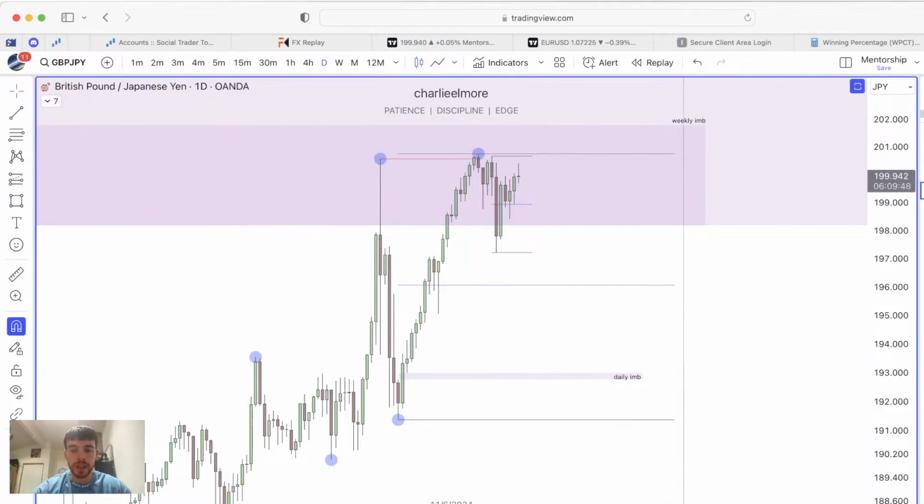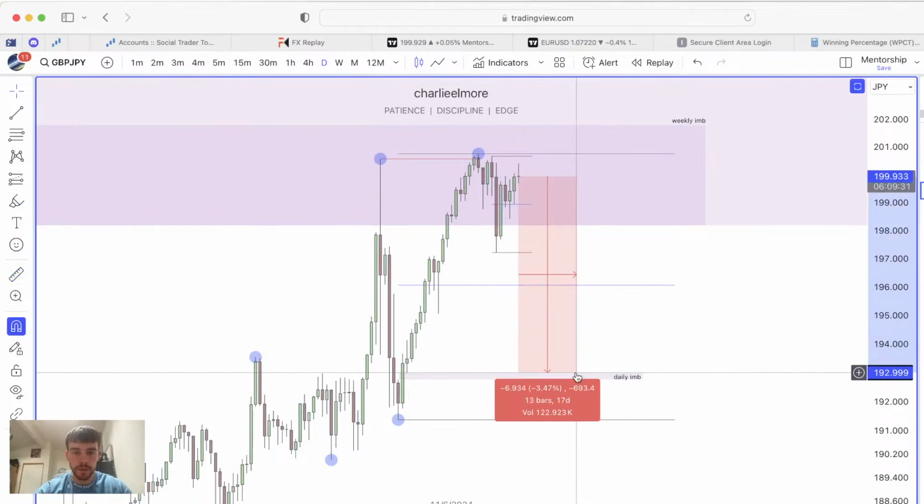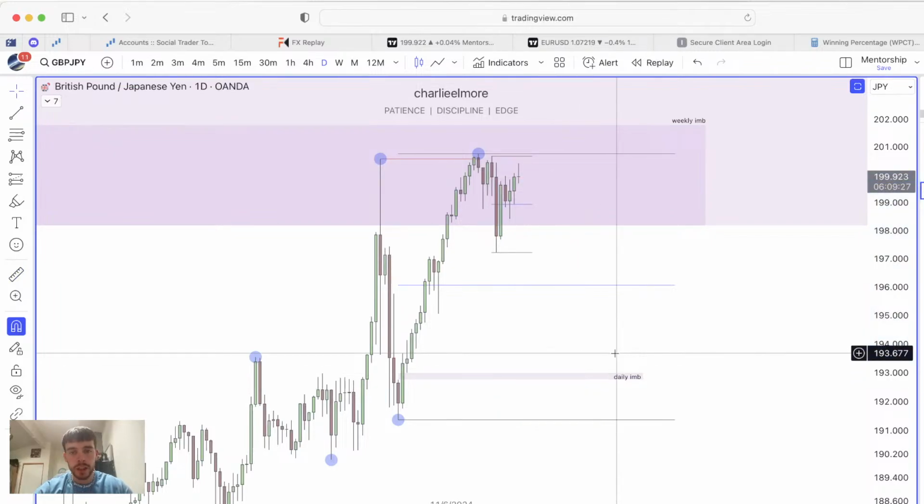Now, this isn't me saying that we have to come down into here and then break that high. Even if we catch a sell down into there, that's going to be a phenomenal move because, as we spoke about earlier, that's 700 pips. So from the current market price down into there, look, 700 pips, 693 pips. So that's going to be an absolute monster of a move.